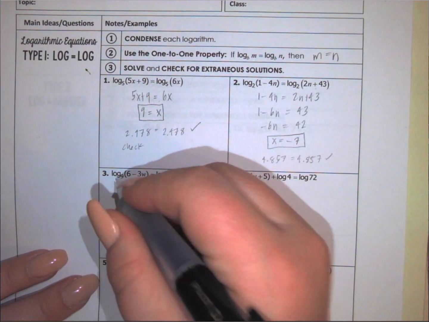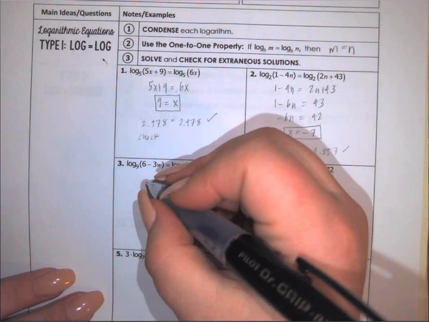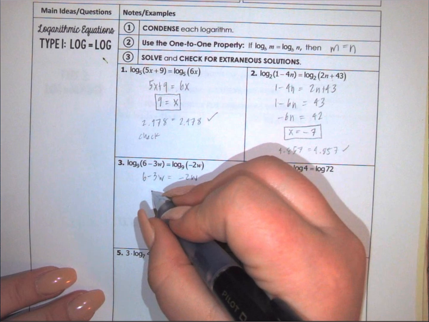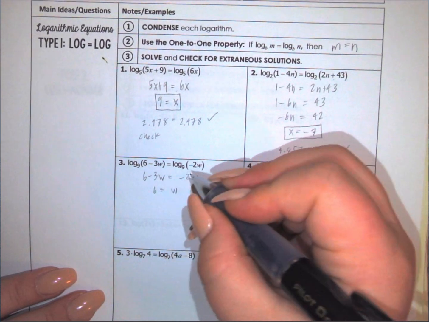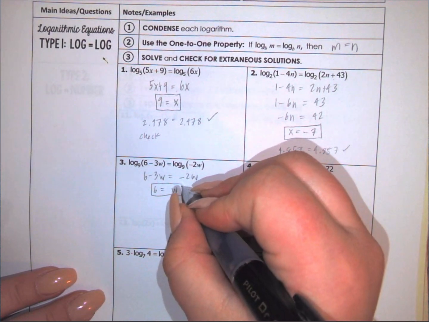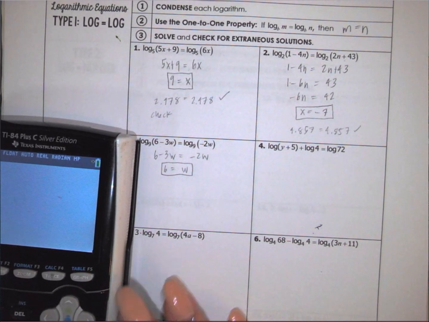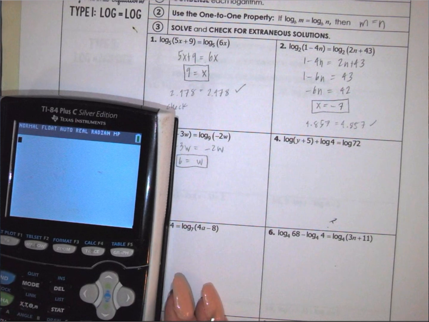So here again, the logs are already condensed, one log on both sides, so set the insides equal to each other. Add 3w, so you get w equals 6. Now this time when you do plug it in, let's just watch what happens.